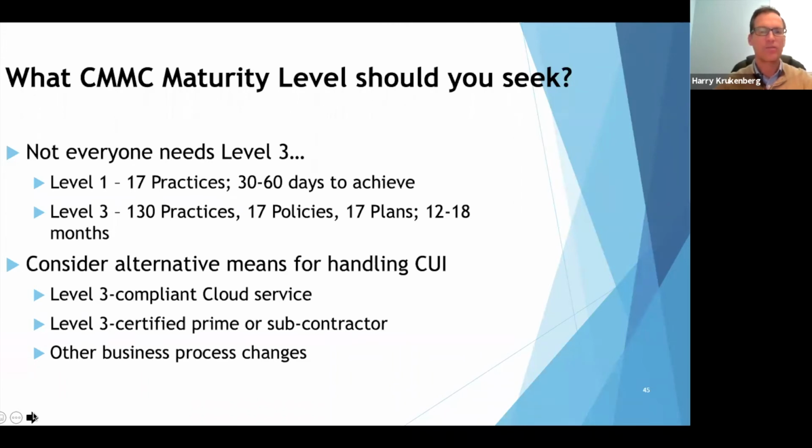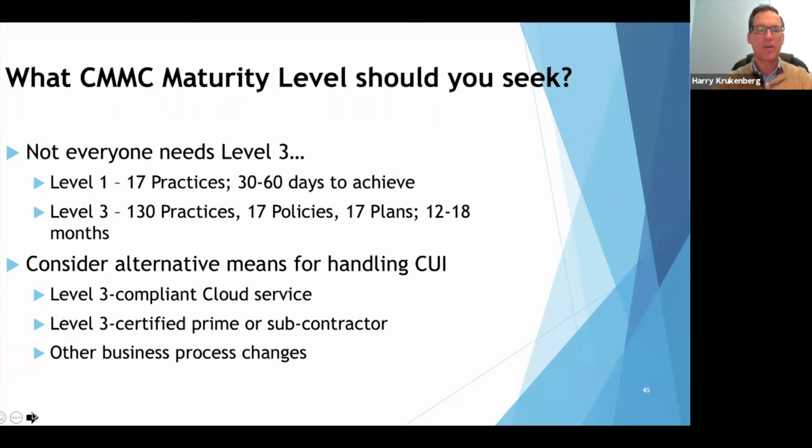The government fully expects that a significant number of contractors and suppliers in the DoD supply chain will only require level 1. And level 1 is obviously much easier, much less taxing to achieve.